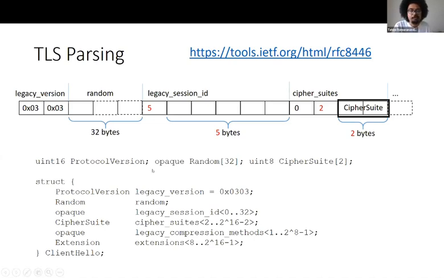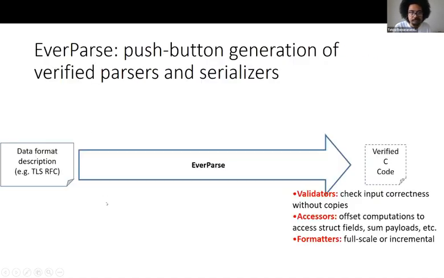From such a data format description, we automatically generate validators, which take input buffers and check whether they contain valid data with respect to the data format; accessors to access valid data within the input buffer directly; and formatters to serialize data with respect to this data format. This process is automatic.